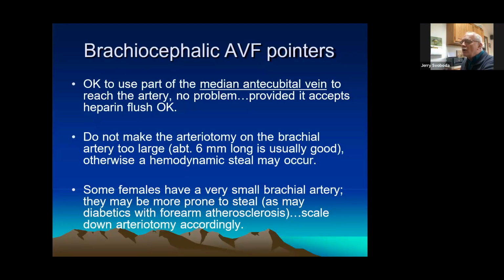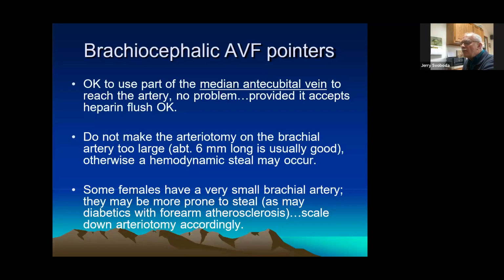Making the brachial artery arteriotomy too large is a problem. 6 millimeters long is probably the ideal size, but it will vary in individuals. And making a brachial artery arteriotomy longer than 6 millimeters is not necessary and can risk ischemia of the person's fingers.